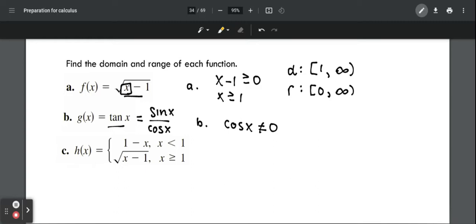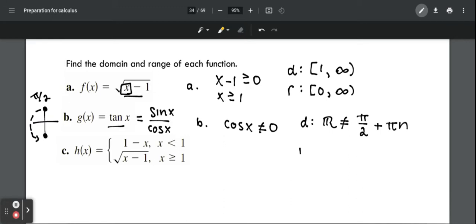Thinking about your unit circle, the cosine is your x values, so your x values would be 0 up at the top and the bottom, which is pi over 2. So your domain would be real numbers not equal to pi over 2, and it would be every half of a rotation, which would be plus pi n.